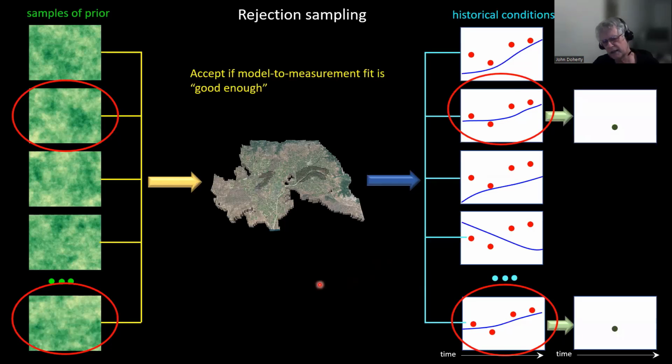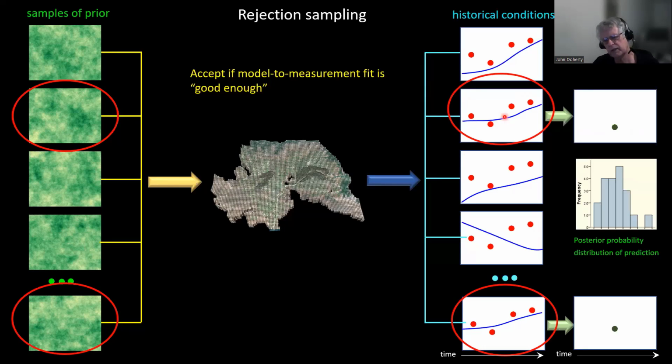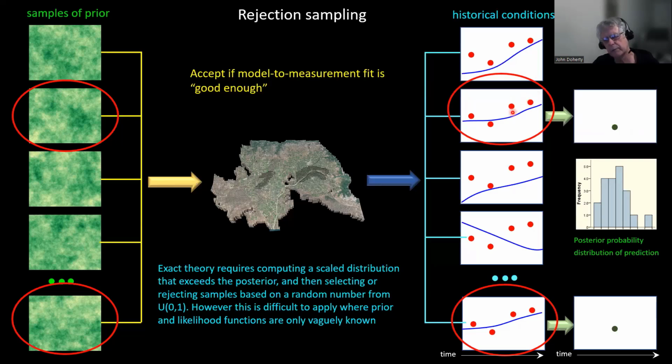And when I've got enough samples of the prior which allow me to fit the past, I will calculate my predictive probability distribution from them. Now, it's a little bit more complicated, not much. Normally, we generate a random number to decide whether we reject or not. But in practice, we might say that if the objective function is less than a certain value, I'll accept, otherwise I'll reject.